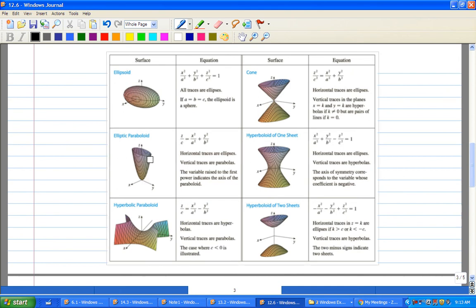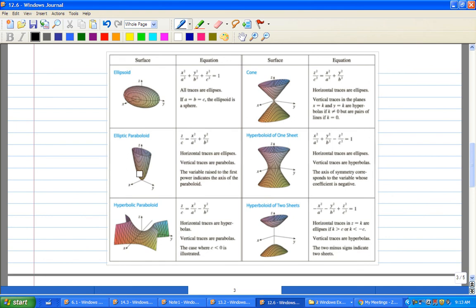Next, an elliptic paraboloid. If it's of the form z over c equals x squared over a squared plus y squared over b squared, it'll be some sort of elliptic paraboloid. It opens up into the z if it's solved for z, into the x if it's solved for x, to the y if it's solved for y.